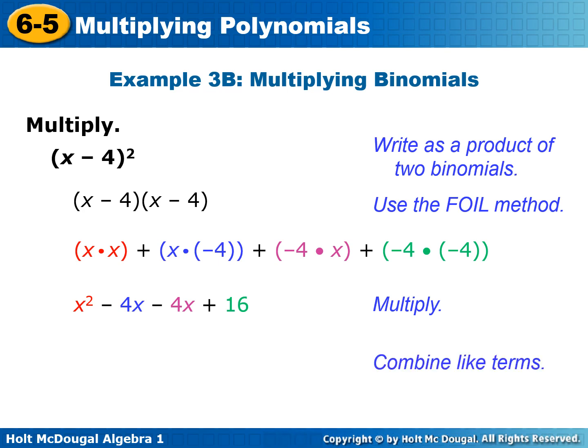And then you combine like terms. What are like terms there? -4x and -4x. And that will obviously give us -8x. Both are negative, so there's no need to subtract. So you just have to add. 4 plus 4 is 8. We copy the sign negative, so our final answer will be x squared minus 8x plus 16.